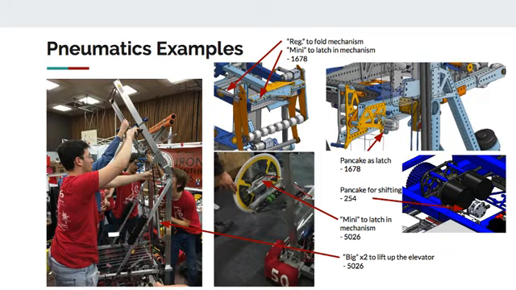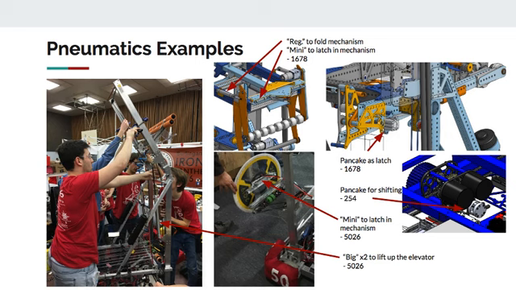Okay, and just some examples of effective use of pneumatics from us and from other folks. On the left we have the elevator in 2018. Instead of having a 2-stage lift, it basically folded in half, and this is an example of big cylinders on the side.